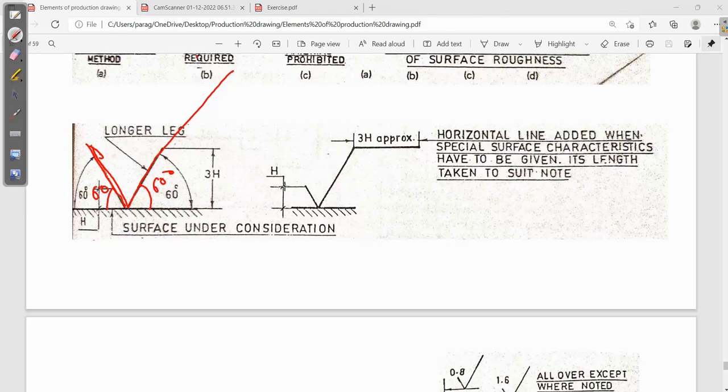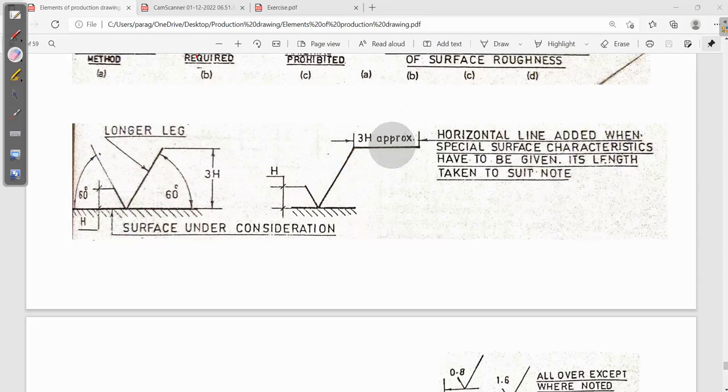And that particular height, if you consider it h, this height of a line will always be equal to 3h. So this is how you should draw. What did I say? Suppose you consider this height as 1 mm, then this length will be 3 mm, that is, multiply by 3.